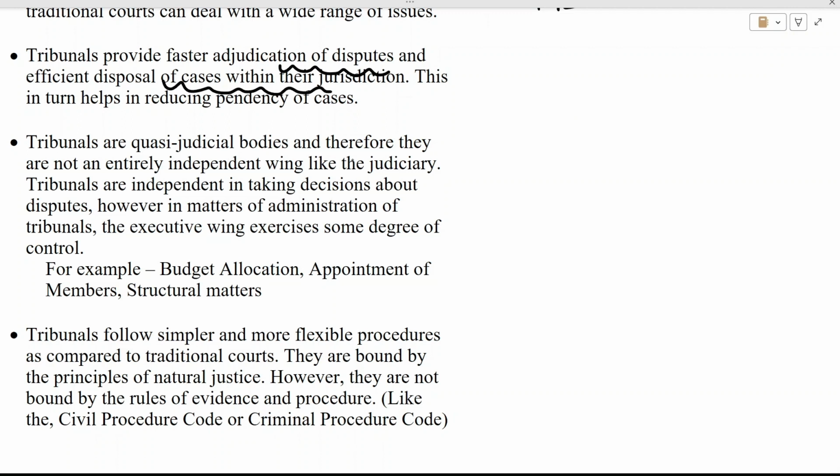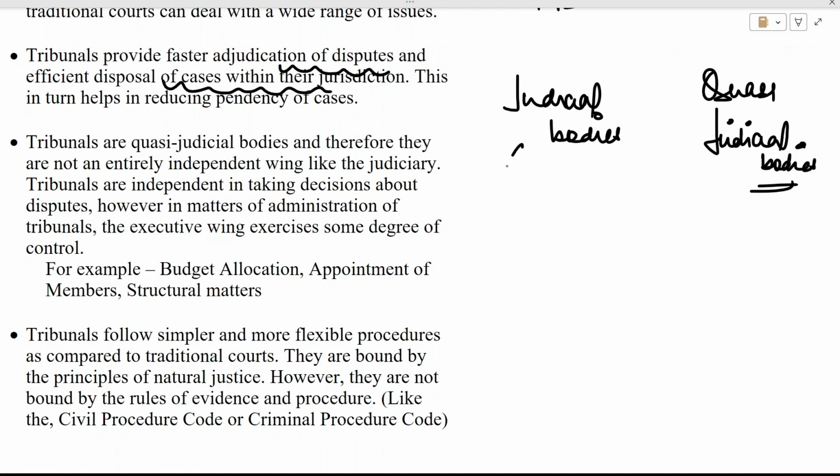Tribunals are quasi-judicial bodies and therefore they are not entirely independent wing like the judiciary. See, again, when we mentioned judicial bodies, they are part of the judiciary. They are the core of the judiciary. We know the government has three wings: executive, legislature, and judiciary.